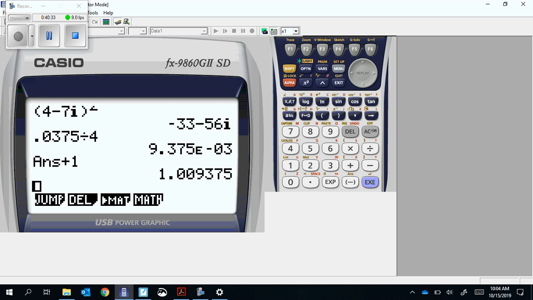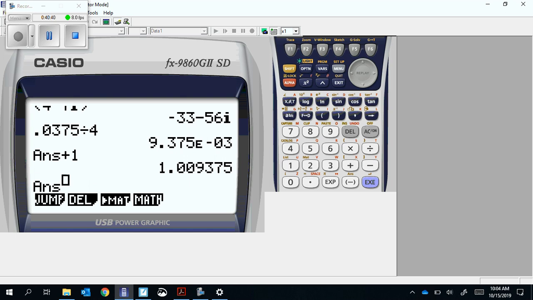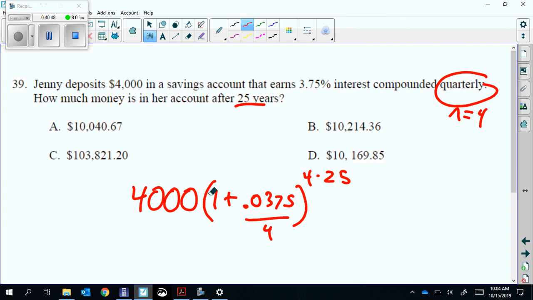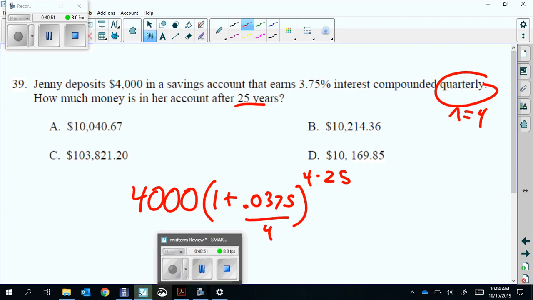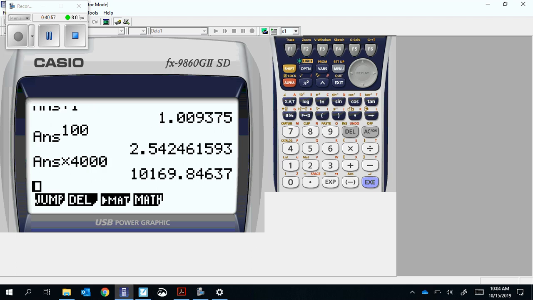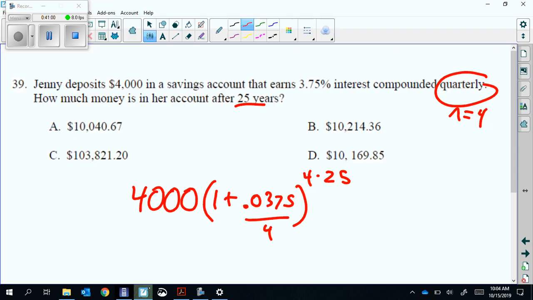That gets raised to the exponent of 4 times 25, so to the exponent of 100. And then times 4,000, that front number. So 10169 and 85 cents.